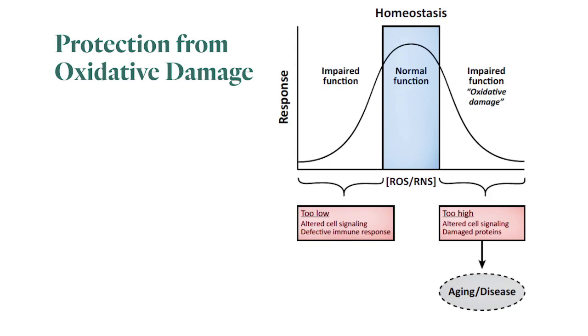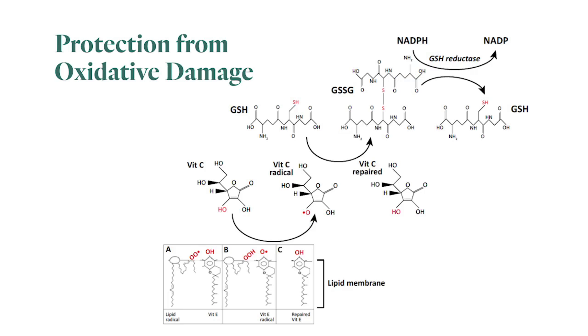However, this means that oxidative damage cannot ever be completely abolished, as this would lead to functional impairment similar to too much ROS generation. Since damage therefore can't be avoided, additional mechanisms exist to repair already damaged proteins.